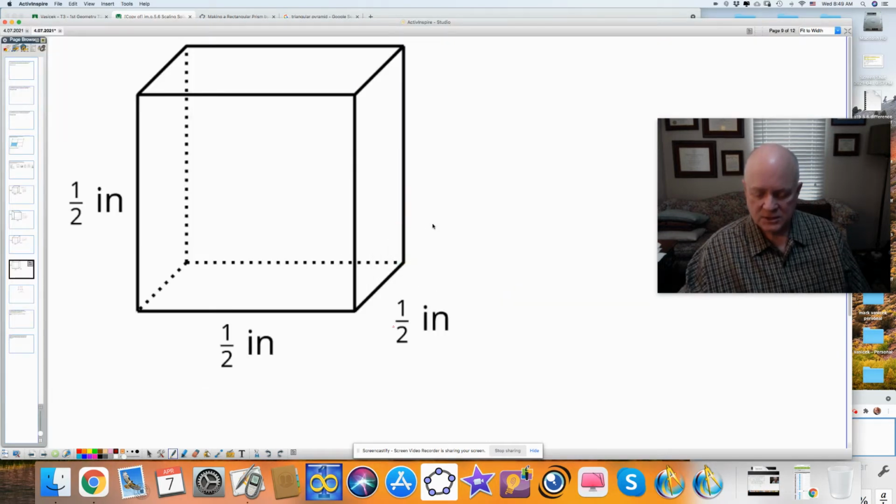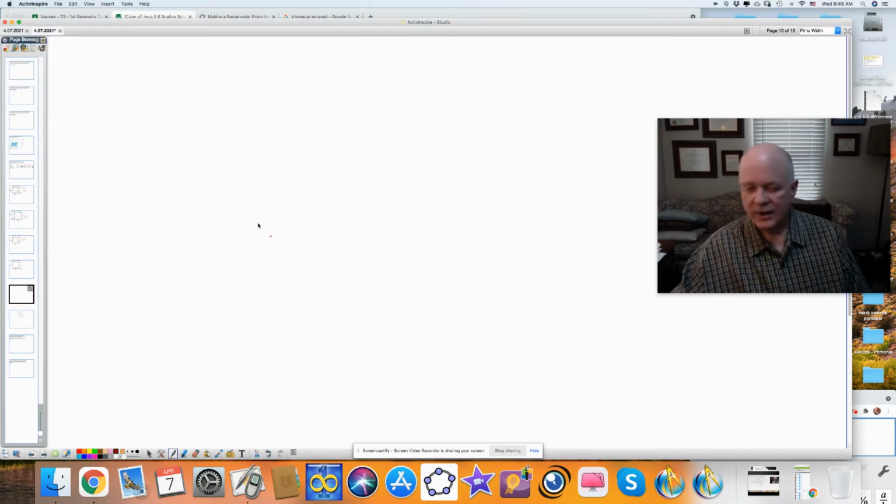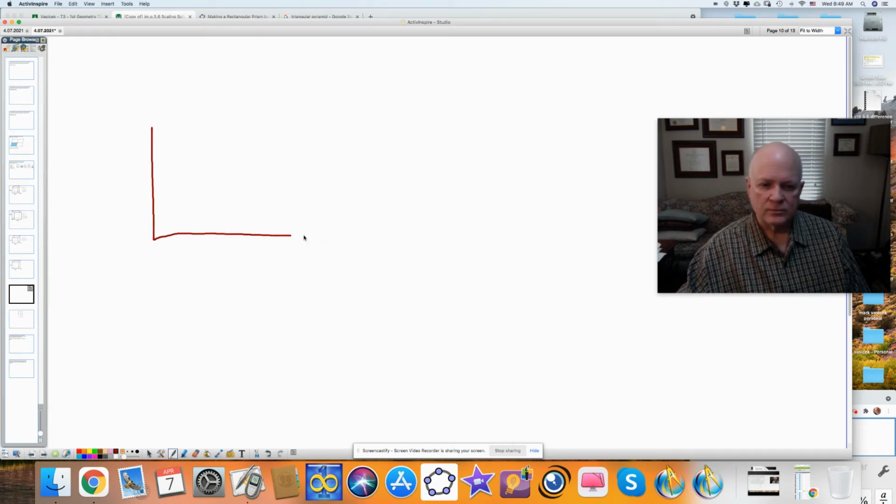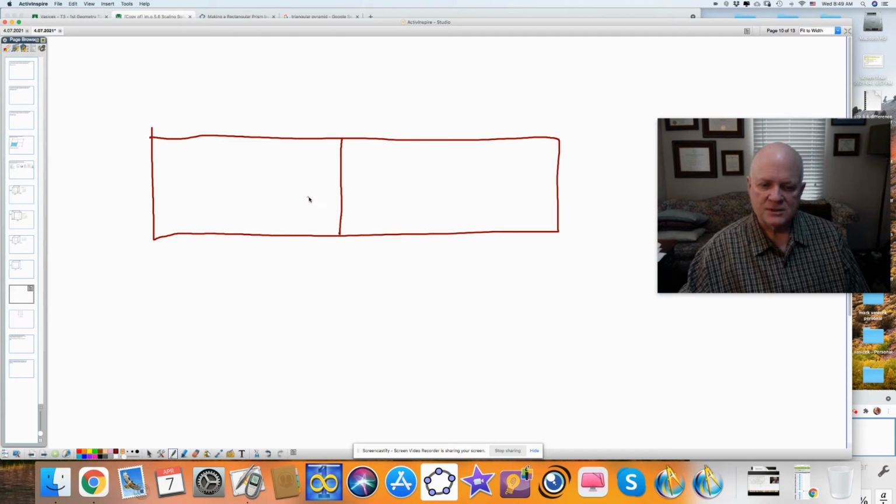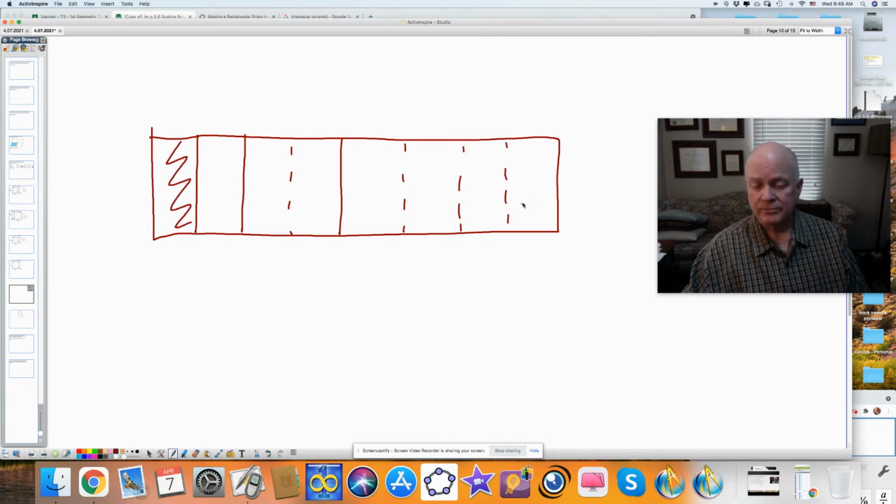Maybe you did this in 2 dimensions, and you said, if I have a large rectangle and I cut it in half this way, this is 1/2. I take half of that to get half of a half, and half of a half of a half. If you divided each one of these, there'd be 8 pieces total, and we're looking at one of those slices of 8. Anyway, half times a half times a half is 1/8.